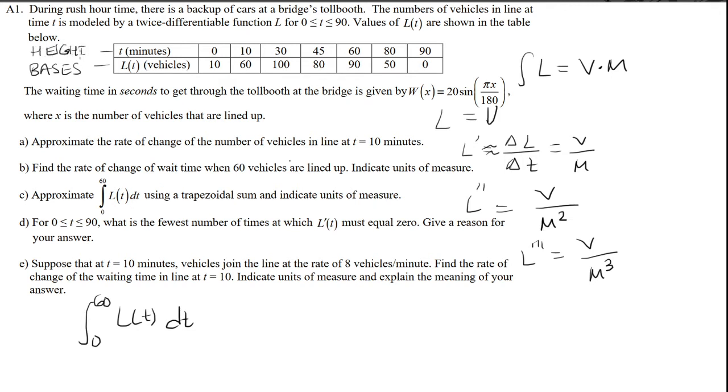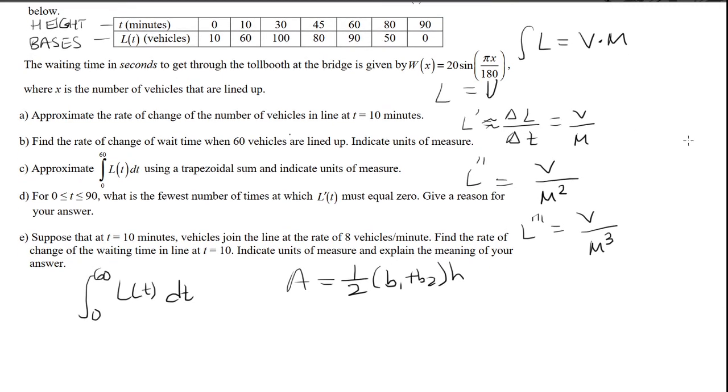This seems kind of opposite, but for the area of a trapezoid, I take the average of the two bases and multiply by the height. So we always start with 1/2 times base 1 plus base 2. We use the first two, and the height will be the difference in the t values.